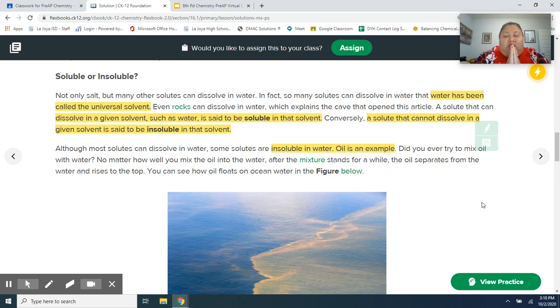Why is it sulfate free? Well, sulfate is one of those substances that doesn't dissolve in water, and it can create problems for our water system. If you have too many sulfates, they're going to build up and they're going to create problems when it goes to get cleaned at the water plant.